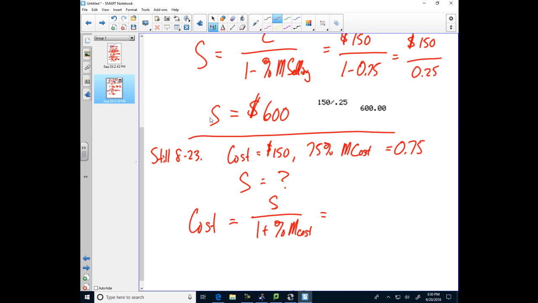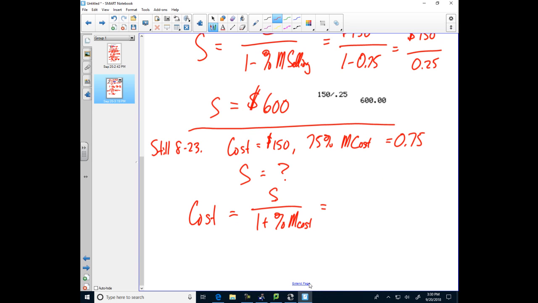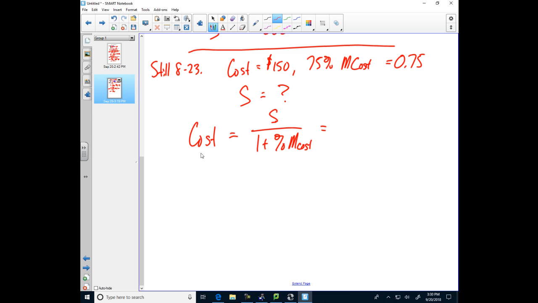By the way, look at what I wrote here. See this? If, you remember algebra class? If I multiply both sides by 1 plus the percent here to solve for S, that comes over here. This part comes over here. Isn't that exactly what's right above it? Right there.